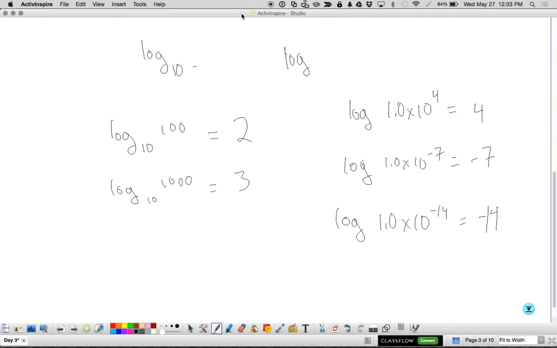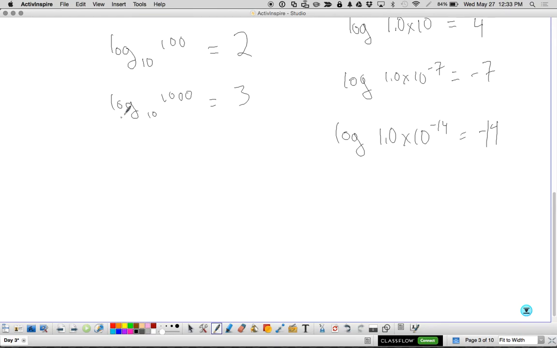Now, most of the time we won't be using nice round numbers like this, right? So what about something like log base 10 of 726? Okay, well, you're going to be able to use your calculator for this, all right? Now, I know that it's between 100 and 1,000, which means that the value is going to be somewhere between 2 and 3, probably closer to 3, right?